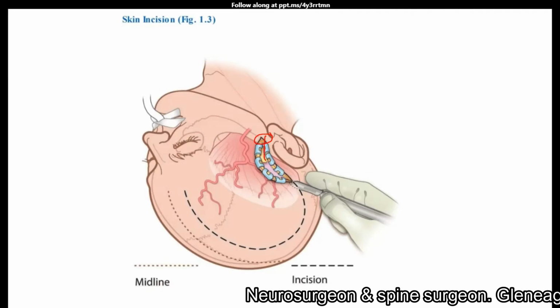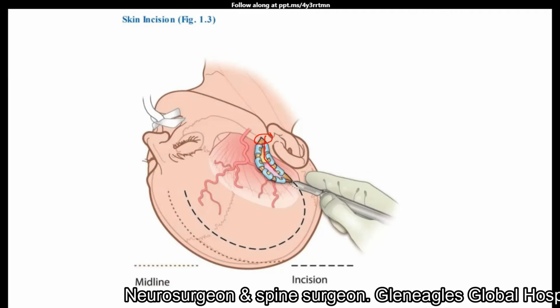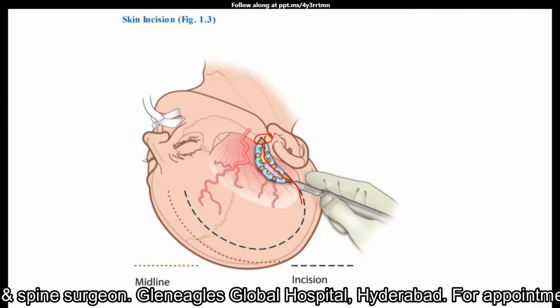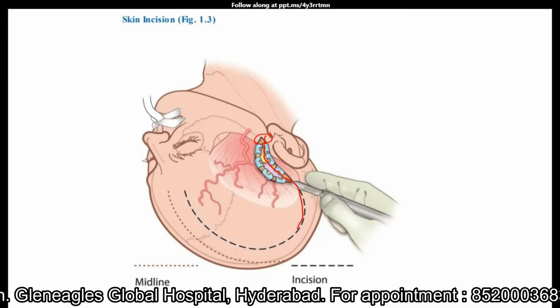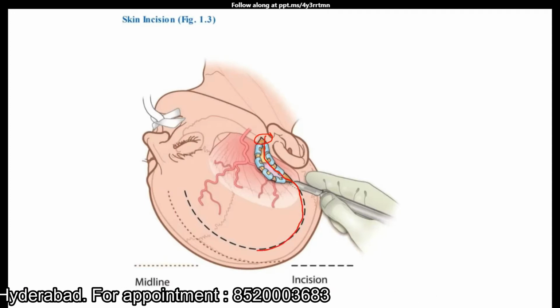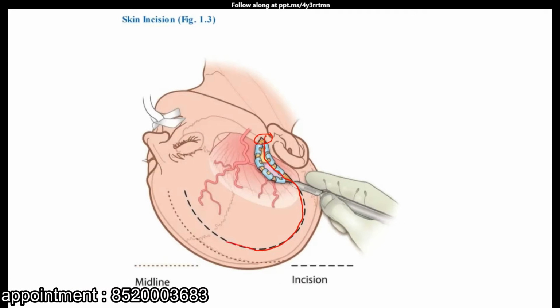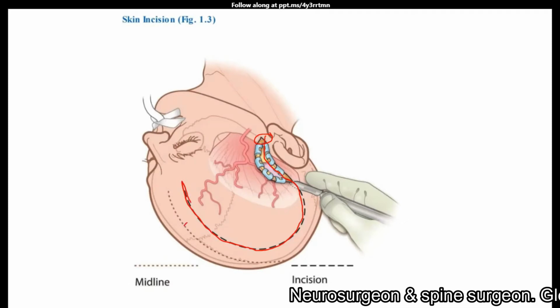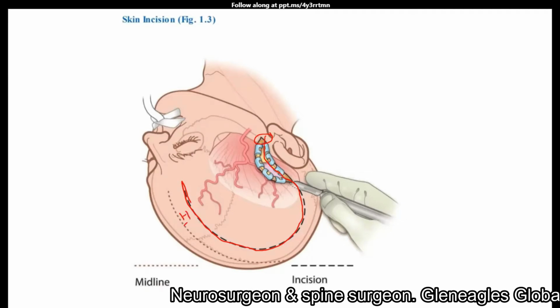Just above the level of the pinna, I take my incision back and superiorly. I ensure that the parietal eminence is covered by the incision and about 1 to 1.5 centimeters from the midline. I turn it anteriorly, reaching the hairline. I will ensure that this distance from the midline is at least 1 to 1.5 centimeters.